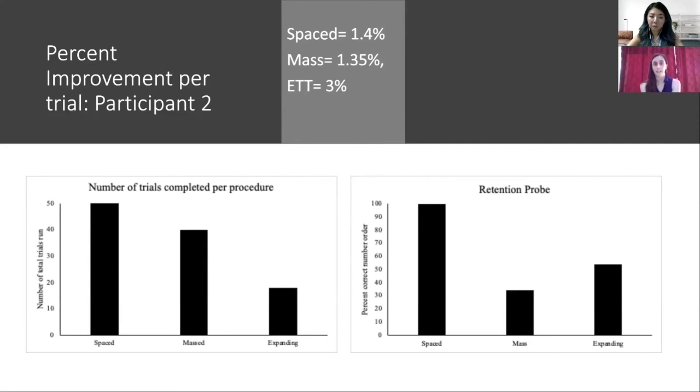So when calculating the space % improvement per trial score, we did add on 2 more session procedures. So space is 1.4%, mass is 1.35%, and expanding time trials, similar to participant 1, is the highest at 3%.